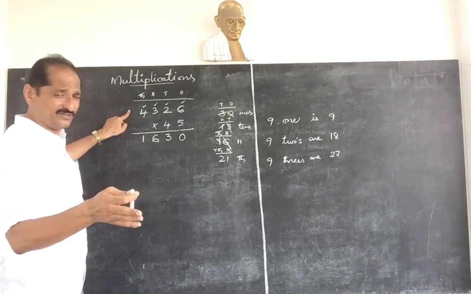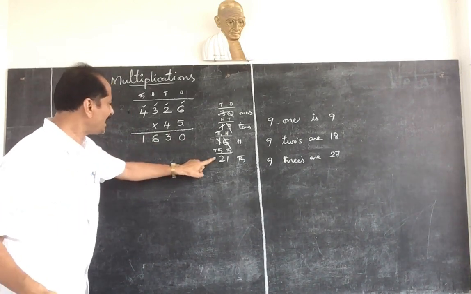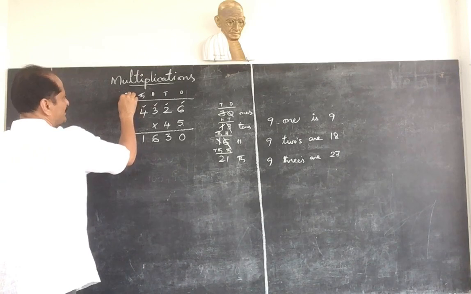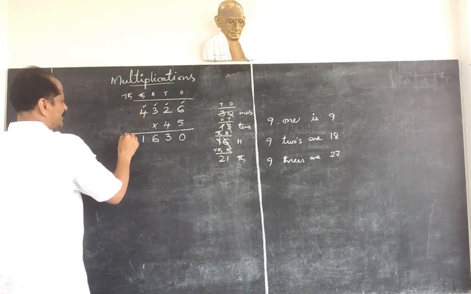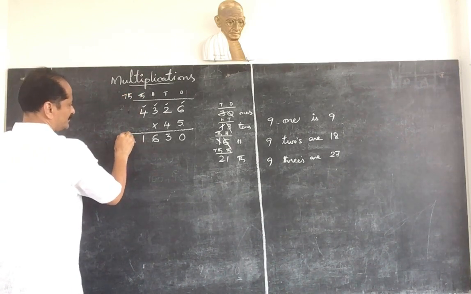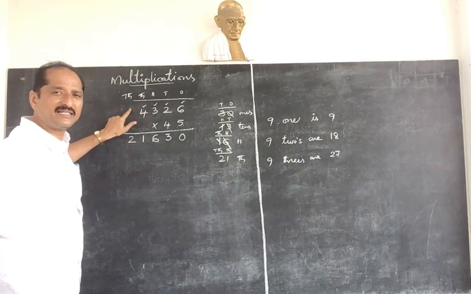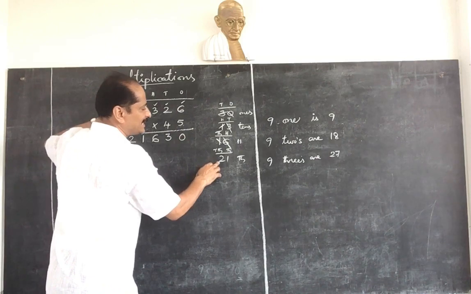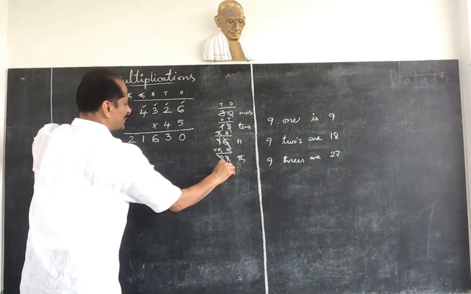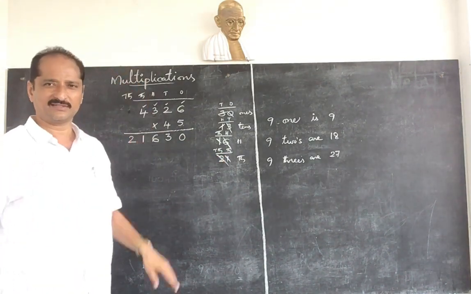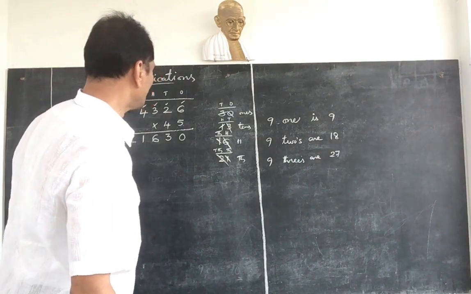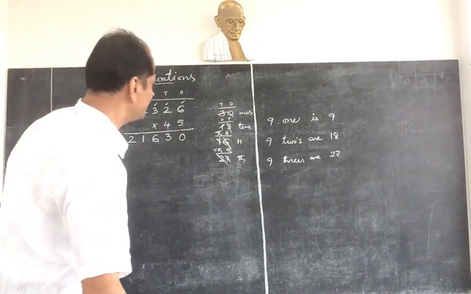So write down this 2 also under 10,000 place, because nothing is there to multiply. If one more number is there, then that will come to 10,000. So 1 we have written here, 2 also we have written here. So completed that.